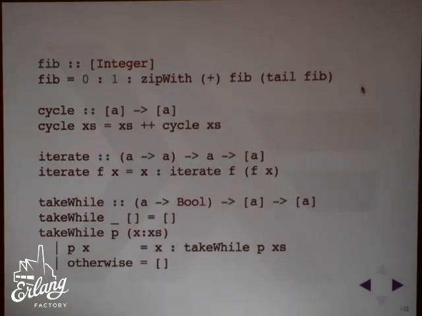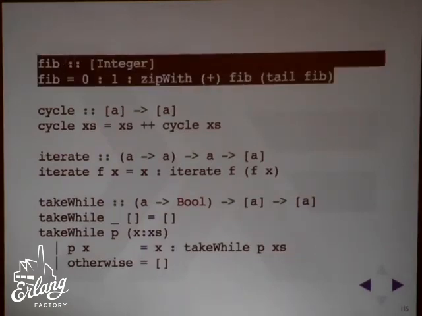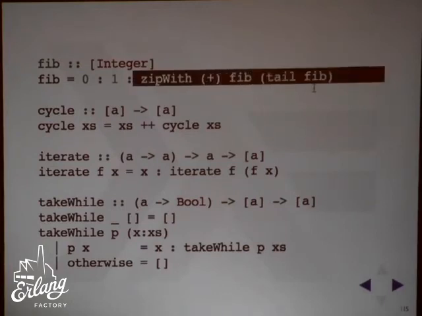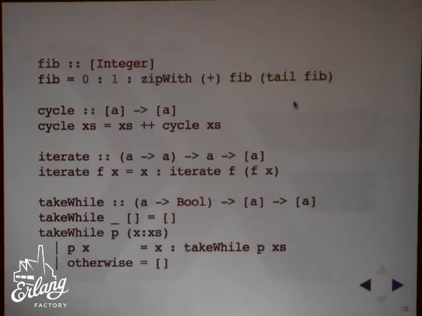You can also utilize the laziness to reuse results. This is actually a relatively efficient implementation of the Fibonacci sequence by taking the sequence and zipping it with itself, just adding it each way. And it reuses all those computations as it goes. Or if I want to infinitely cycle over some list, I can just implement it as the list appended to the recursive case.